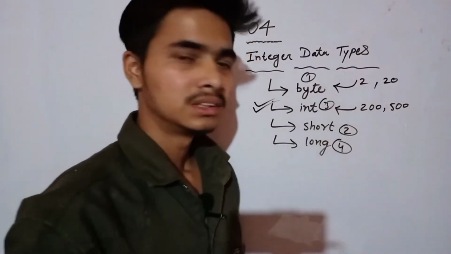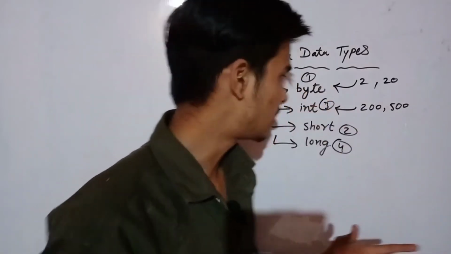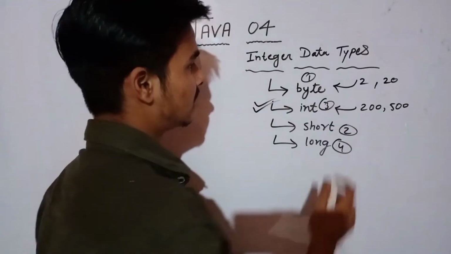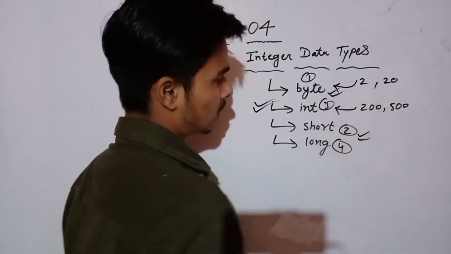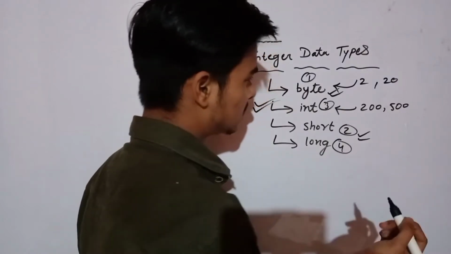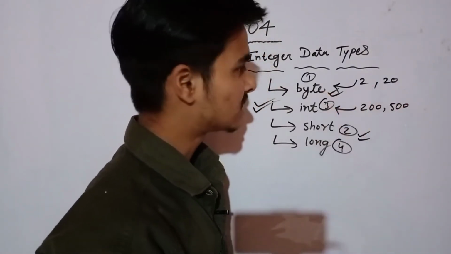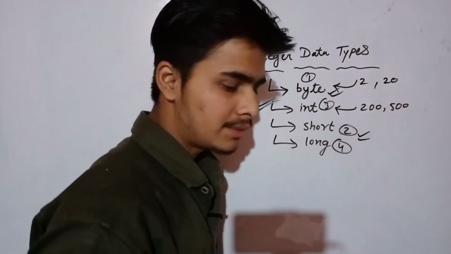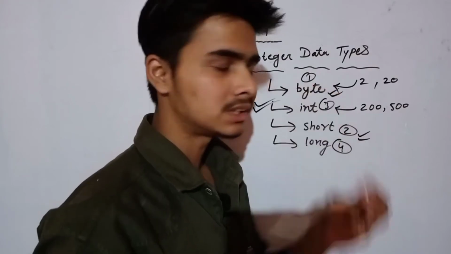These are the sequence of data types; I have just replaced this and this, so it doesn't matter, but concentrate that first comes byte, and next comes short. So short can also store some small values. I am not telling the exact values, don't consider it as the exact value, I am just giving an example so that you can understand.